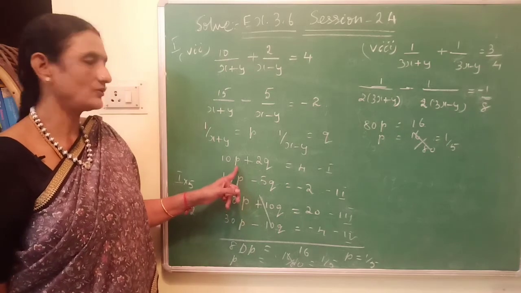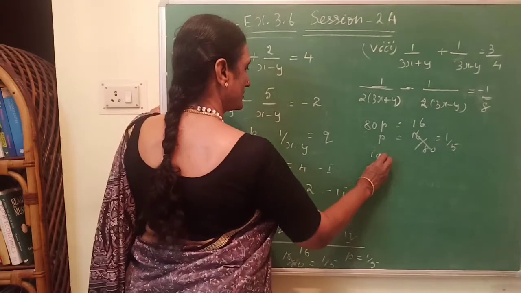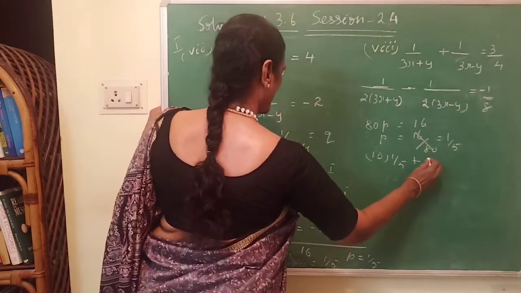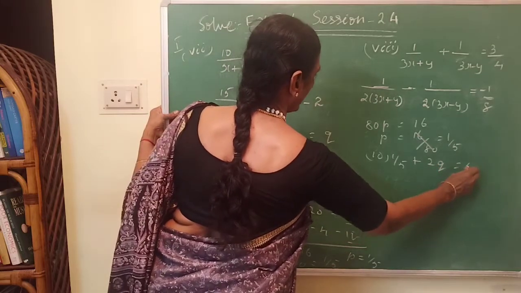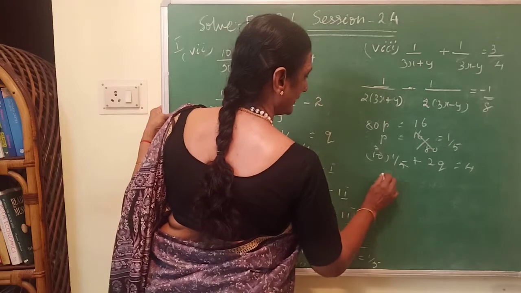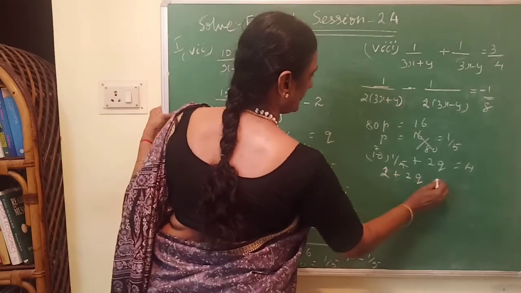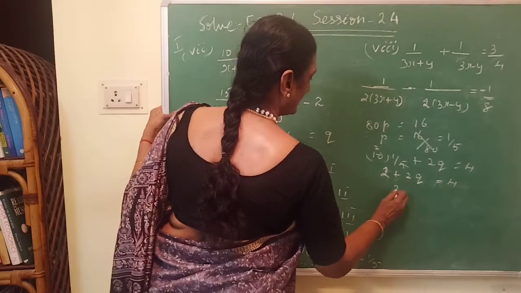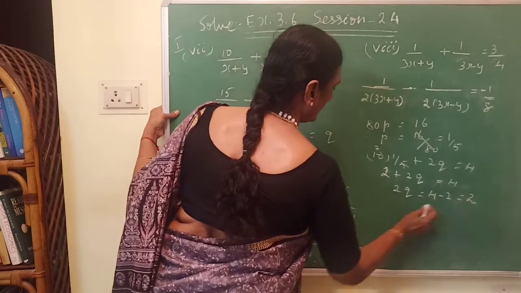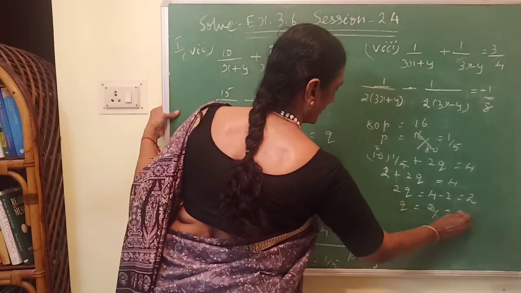I want to substitute in equation 1. Therefore, I get 10 into 1 by 5 plus 2q is equal to 4. This gets cancelled. So, I have got 2 plus 2q is equal to 4. Therefore, 2q is equal to 4 minus 2 equals 2. Therefore, q is equal to 2 by 2, which is equal to 1.